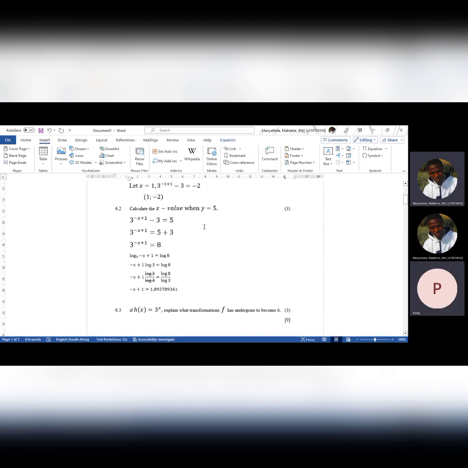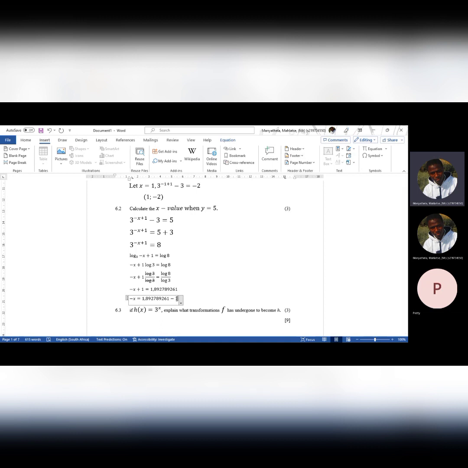So okay, on the next step, we're going to transpose +1 to the other side, meaning that we're going to have negative x equal to 1.892789261. And bear in mind that while you're still on this step, you cannot round off this number. Just write it as it is, because if you round it off, it will ruin your answer.